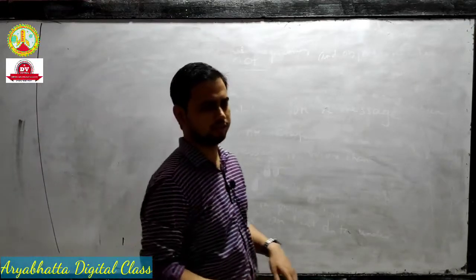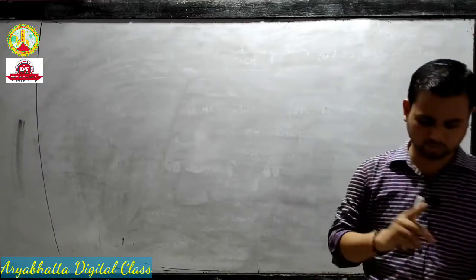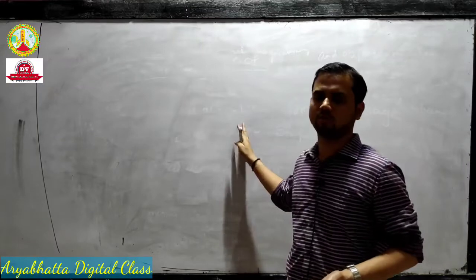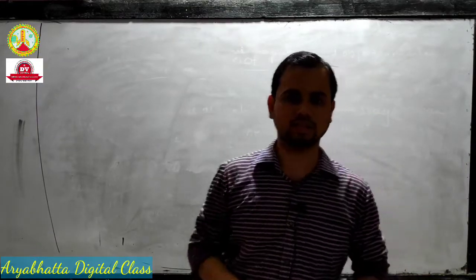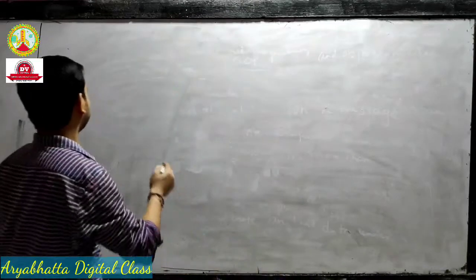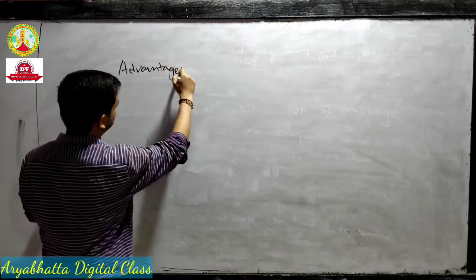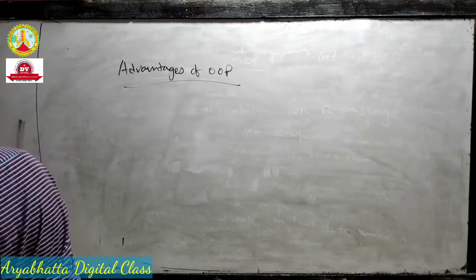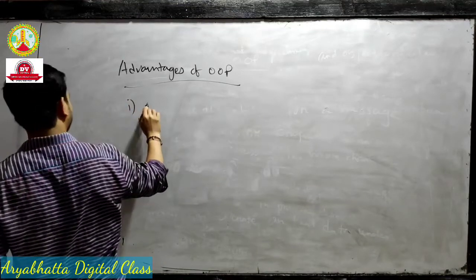I already wrote the definitions of procedural programming, object-based programming, object-oriented programming, and the definitions of data abstraction, encapsulation, modularity, inheritance, polymorphism. These all are very important. And last is advantages of OOP, object-oriented programming. You just note down the points.